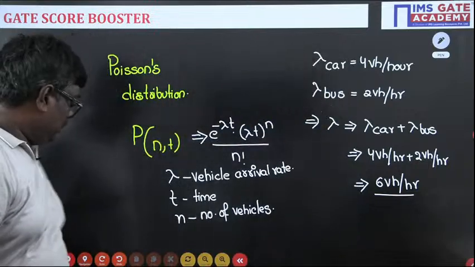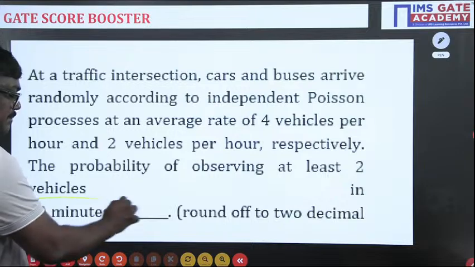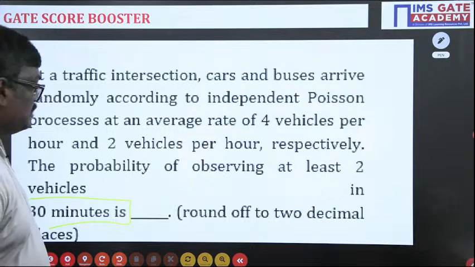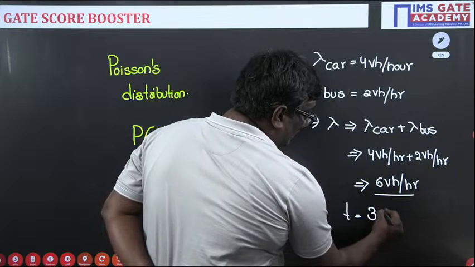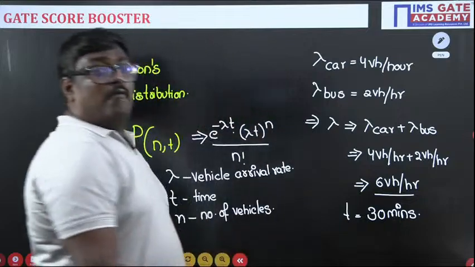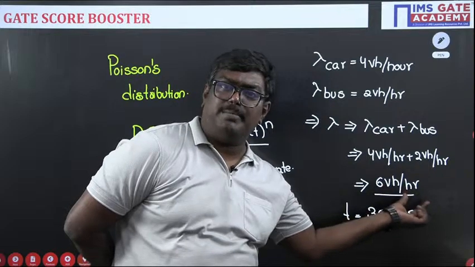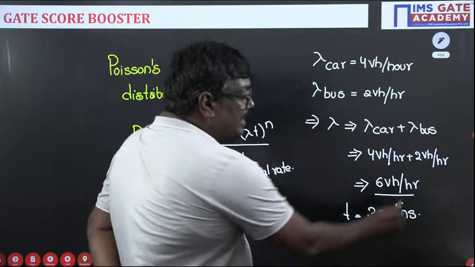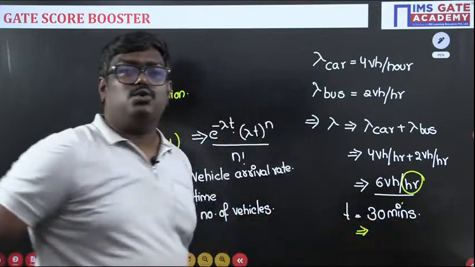And now, my dear students, what is the time they have given? They have given time as 30 minutes. Because the lambda units are vehicles per hour, whatever the units are here, we will convert the time into those units.